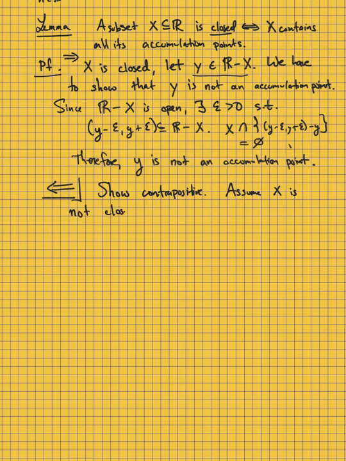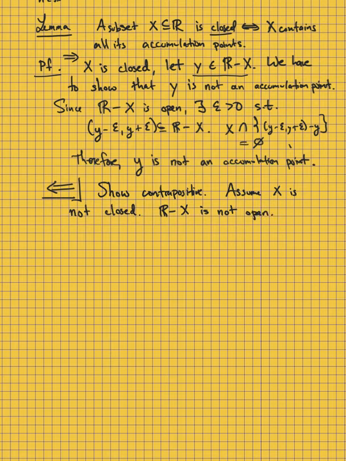Notice you cannot assume that X is open. That's the tricky part here, since you can have sets that are both not open and not closed. On the other hand, what you can assume is that R minus X is not open.